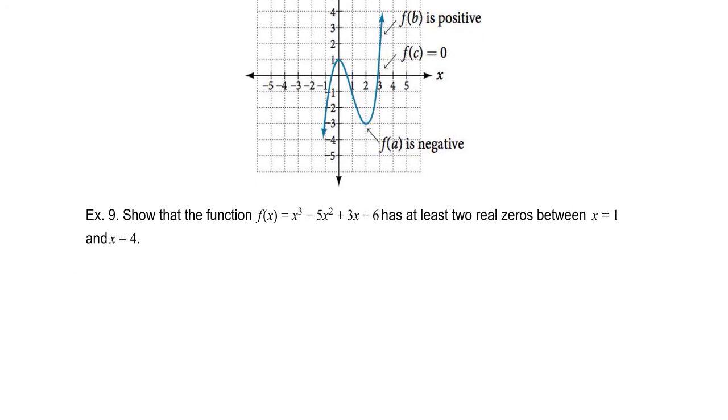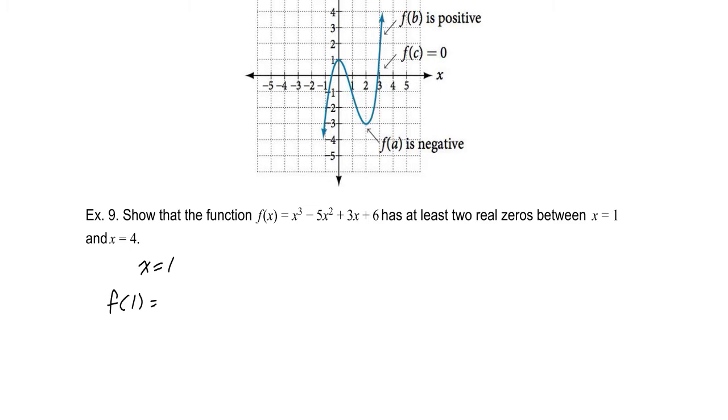All right, example 9: show that the function x cubed minus 5x squared plus 3x plus 6 has at least 2 real zeros between 1 and 4. Well, let's first see what happens at x equals 1.